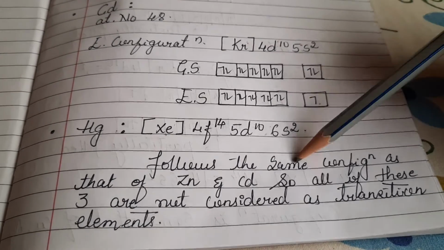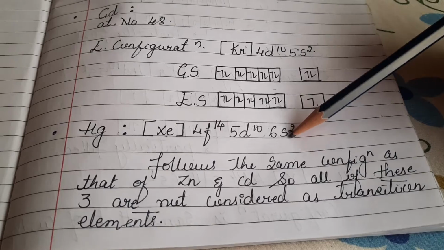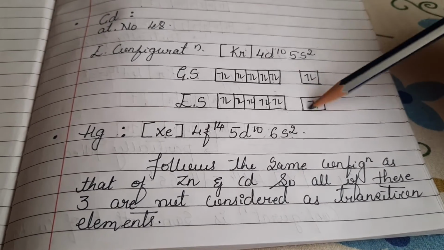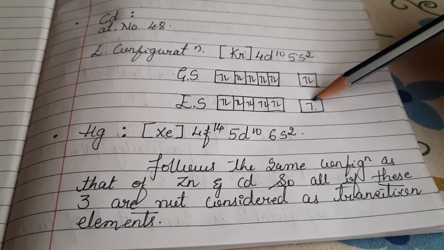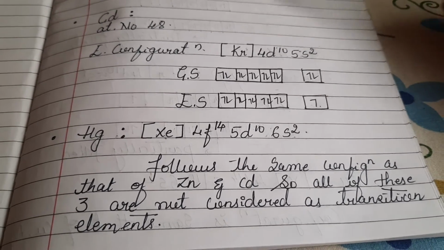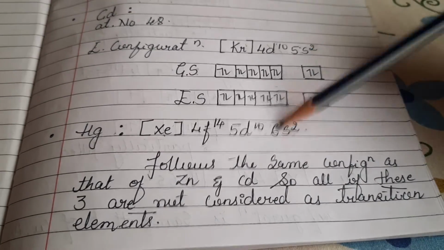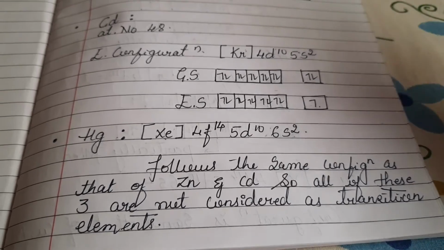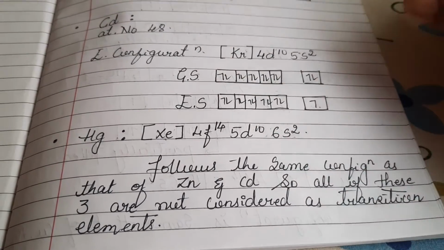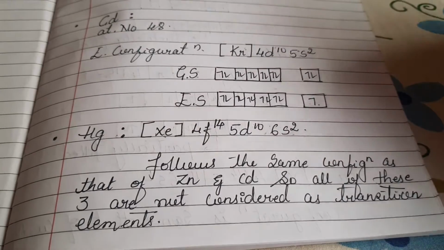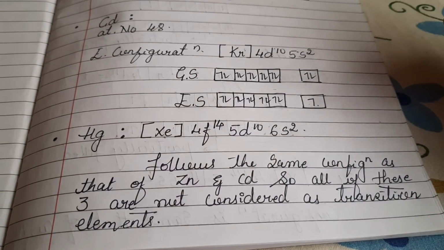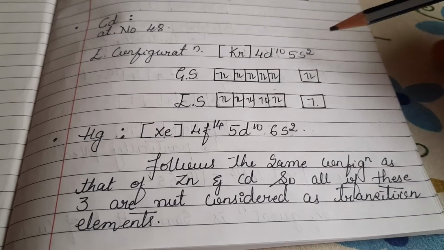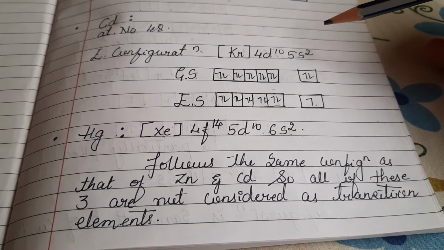Can you see all these 3 examples, zinc, cadmium and Hg, all are showing completely filled d orbitals in their ground state as well as in their excited state. So the reason we can tell that these 3, zinc, cadmium and Hg, are not transition elements is that for transition elements, by a proper definition, there must be a presence of a minimum of one unpaired electron, either in the ground state or in the excited state.